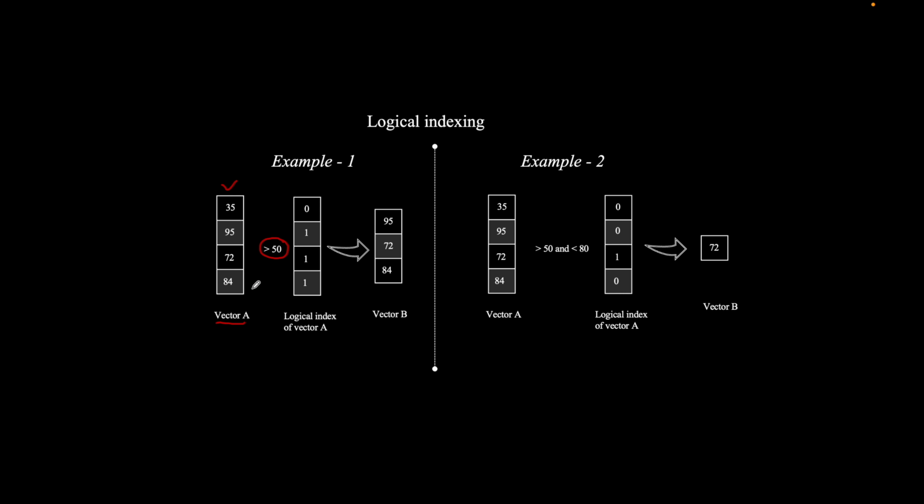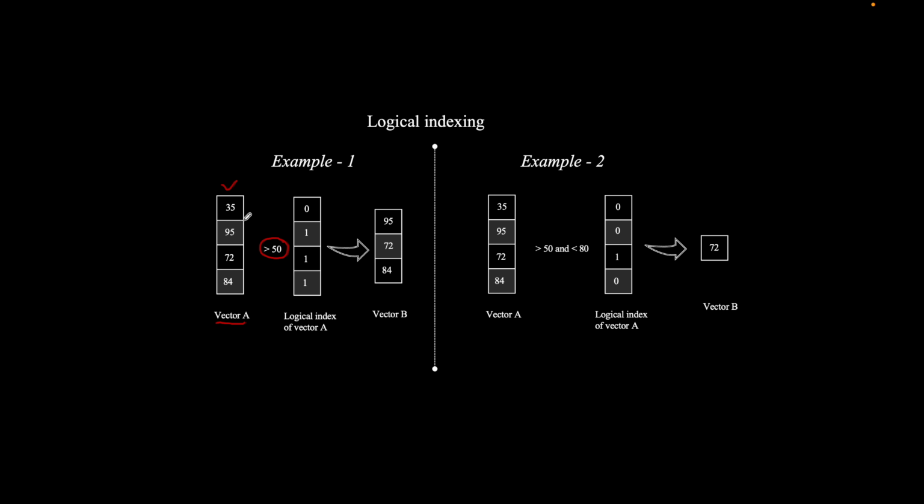In MATLAB, it is just one line of code. But if you are using the C language, then you need to implement a for loop to do this comparison between individual elements, and then you will get the outcome whether it is greater than 50 or not. So how does logical indexing work in this case?